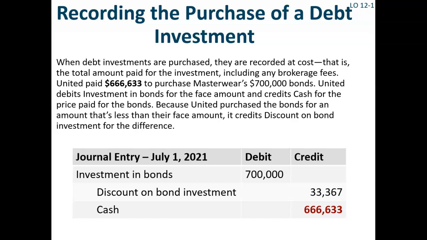United would debit the investment in bonds, which is an asset account, for $700,000. It would credit cash for $666,633 that it paid for those bonds. And the difference would be credited to discount on bond investment.